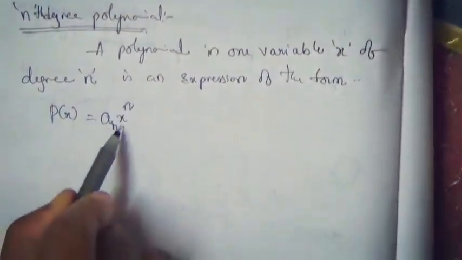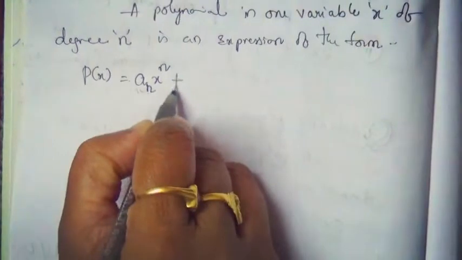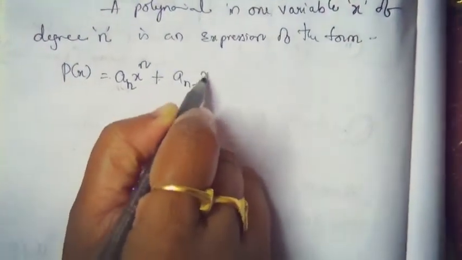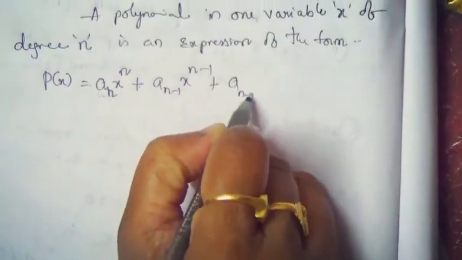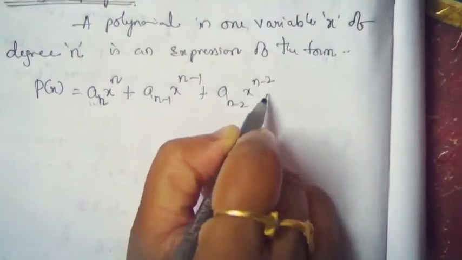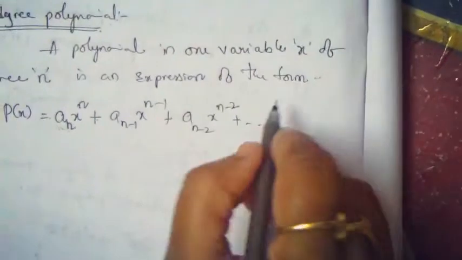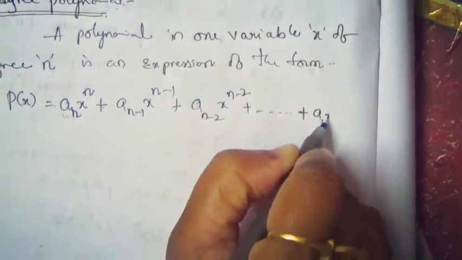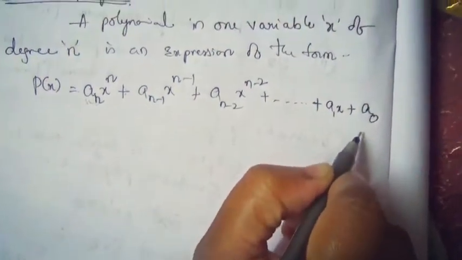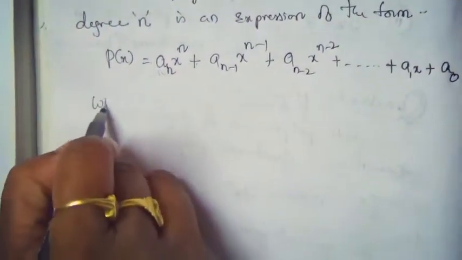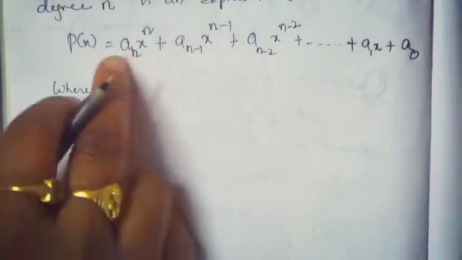So it is an x to the power of n plus an minus 1 x to the power of n minus 1 plus an minus 2 x to the power of n minus 2, and so on, a1x plus a0, which is a constant. In the above equation it is an nth degree polynomial.